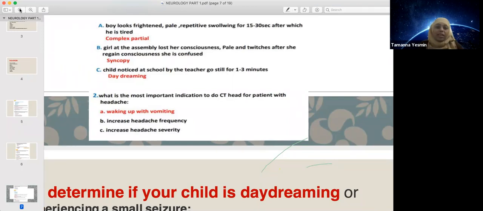Any child who has a sudden severe attack of pain, headache, this is an indication of CT scan. Any child who has morning vomiting, morning headache, early morning headache, that means there is raised ICP. This is an indication of CT scan. So waking up with vomiting is an indication of raised ICP, and we have to do CT scan. Any question until now?